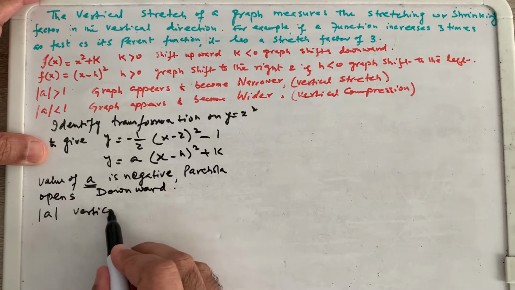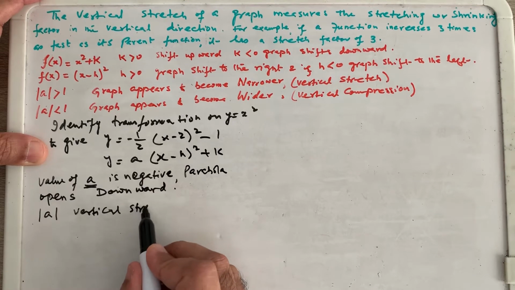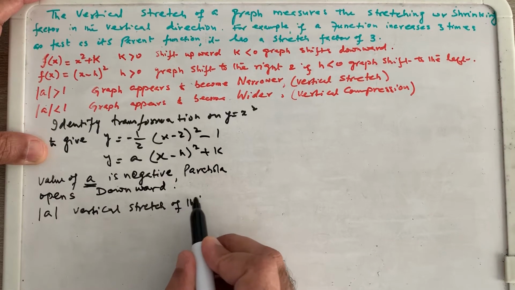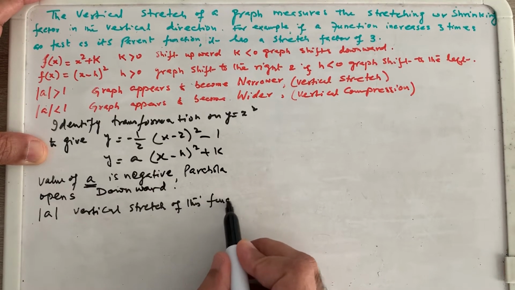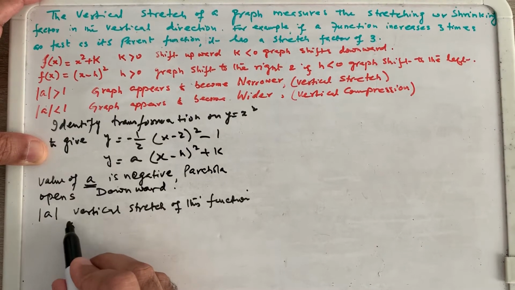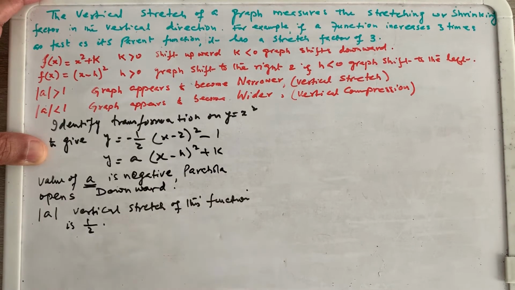So the vertical stretch of this function is half. If there is a number present, then the absolute value of that number is the vertical stretch.